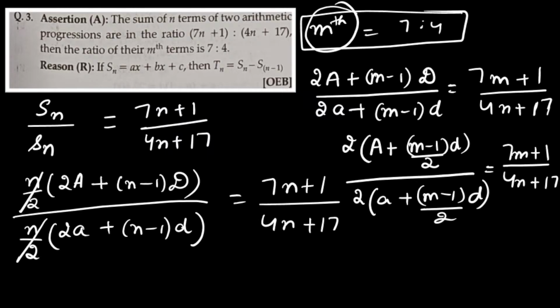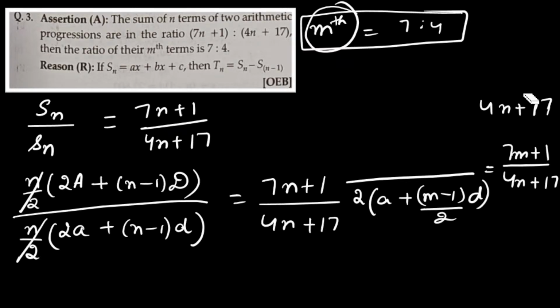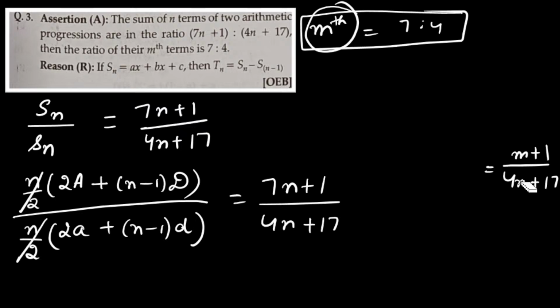Shiva Shankar is telling n minus 1. How can we take n minus 1 common? From where will we take it common? See, we have to get the ratio of their mth term.